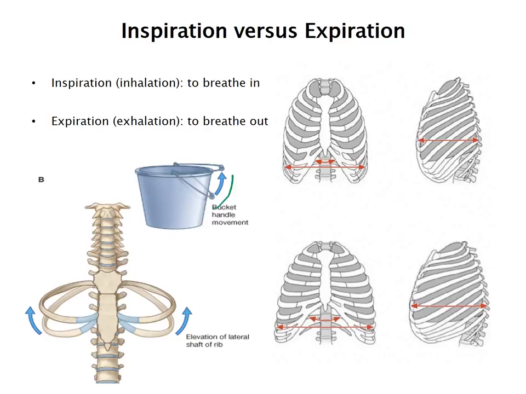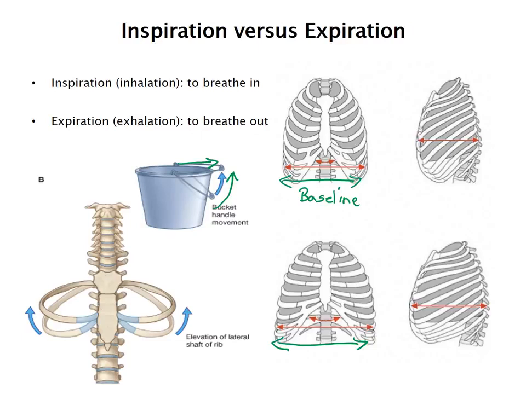When the bucket handle elevates, notice how the diameter increases laterally. This top image represents a baseline condition, and this lower image represents what the thorax would look like upon inhalation. Notice how much expansion has occurred in the lateral direction.